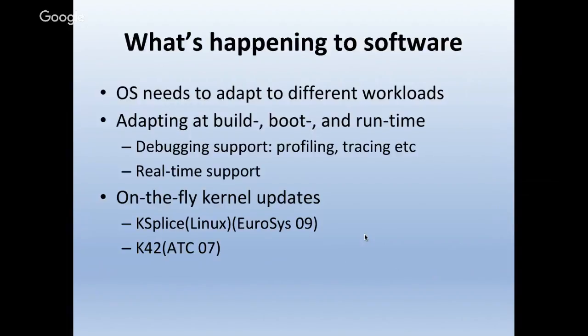And sometimes application requirements are very strict, such as real-time support, and it's hard to adapt everything into a general purpose kernel. There are also research techniques that work by modifying or upgrading kernels on the fly, as is the case, for example, with kernel patching in Linux or the K42 update mechanism.